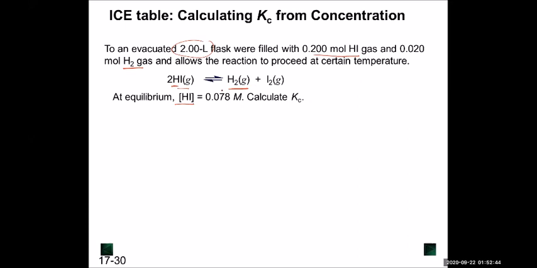So the moles in the entire ICE table, each mole divided by the same volume, becomes molarity. And so in the ICE table, we should use a molarity setup. For HI, we were given the moles, and for H2 gas, we also have moles. We don't have molarity yet, so we need to find the molarity for both. That's where we start from.